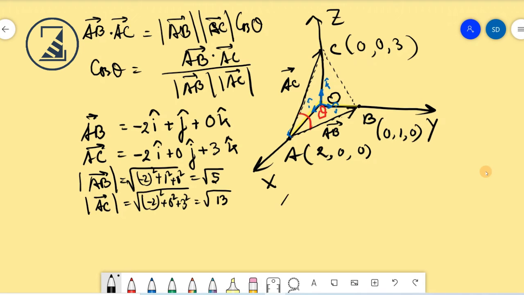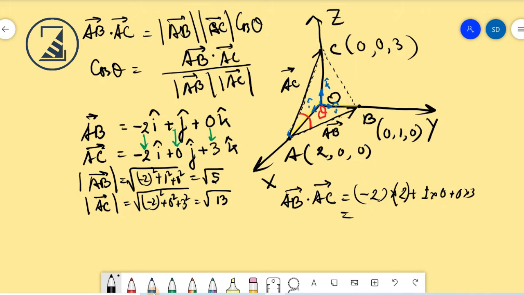Now I can find AB vector dot AC vector component wise, and this is where my algebraic definition will be useful. So AB dot AC is minus 2 times minus 2, plus 1 times 0, plus 0 times 3, so this is 4.